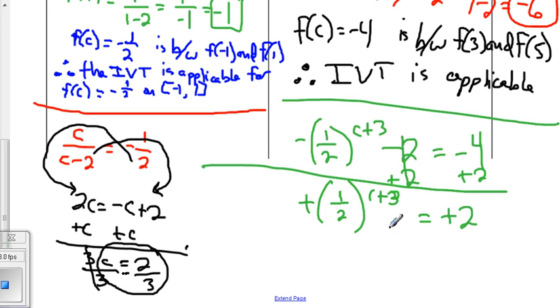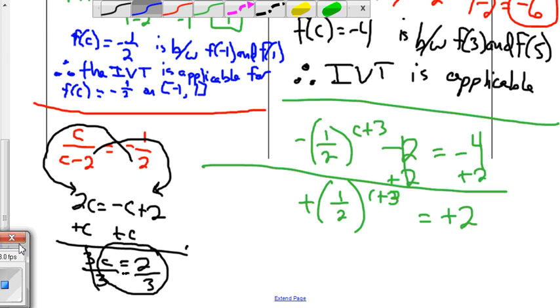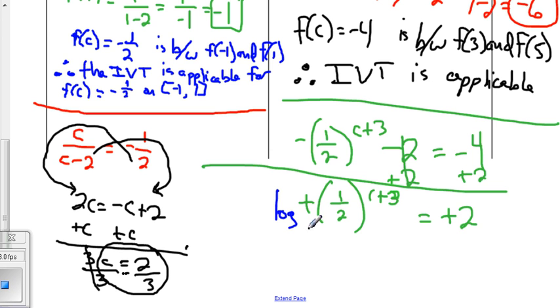Now what we're going to do is go back to some of our logs. I want to take the log base 1/2 of each side. So log base 1/2 of 2 is really saying 1/2 to what power equals 2, and that's going to be negative 1.